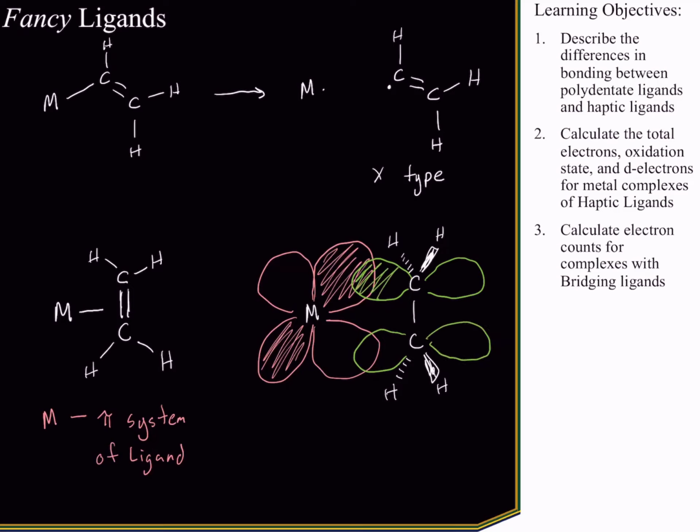So we can make this shaded so we can see how this interaction works. But the important thing here is that the metal is connected to both carbons through this pi system.